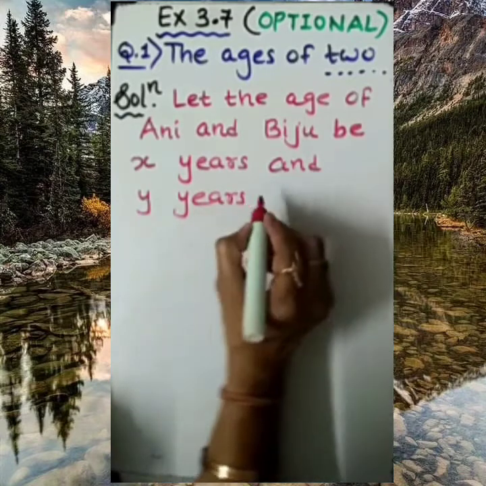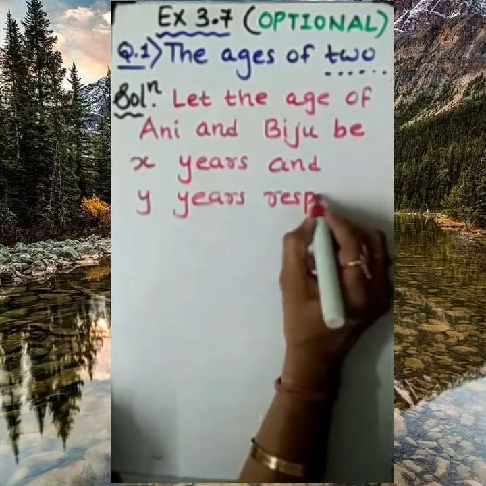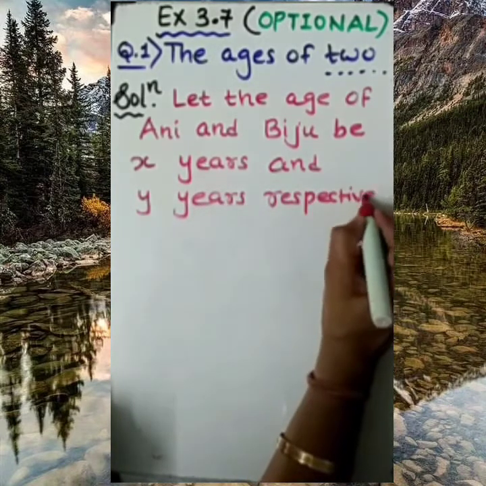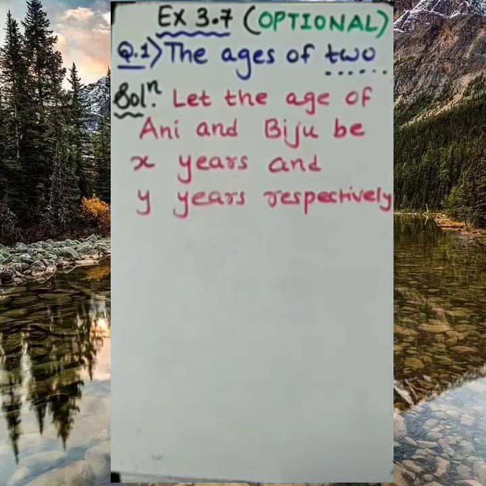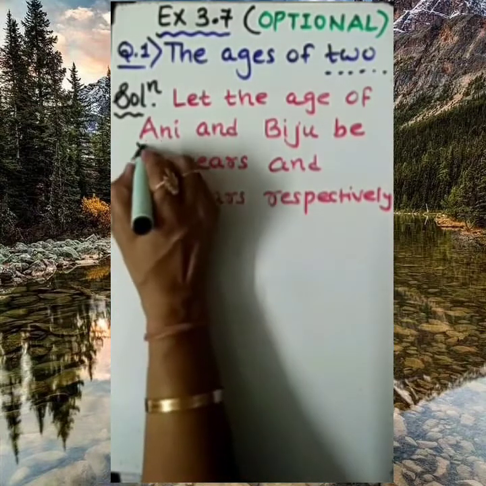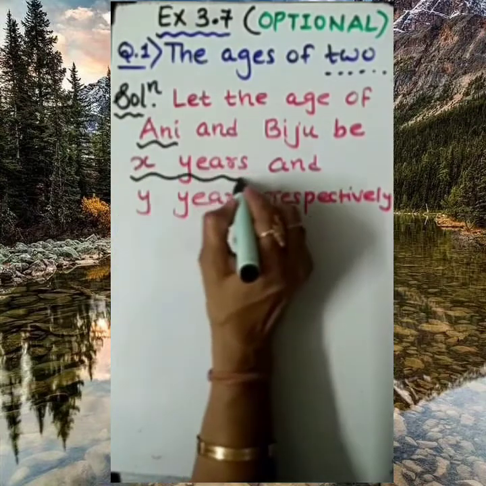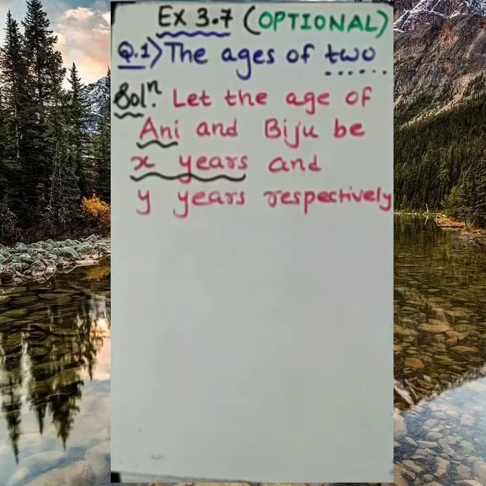Respectively, the word I am using indicates one by one. First, please try to understand: Ani's age will be x years, and of course Biju's age we are considering y years.